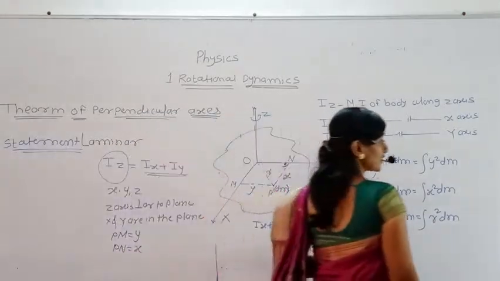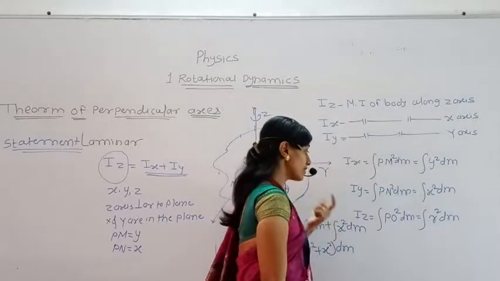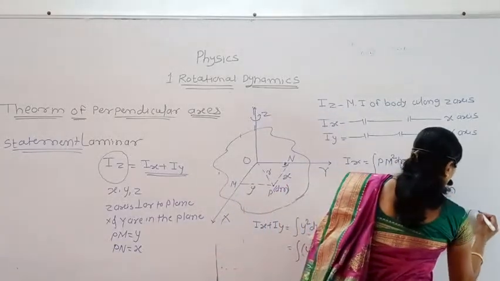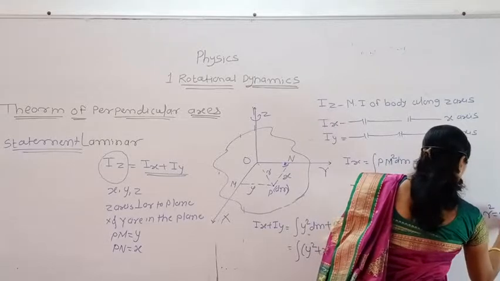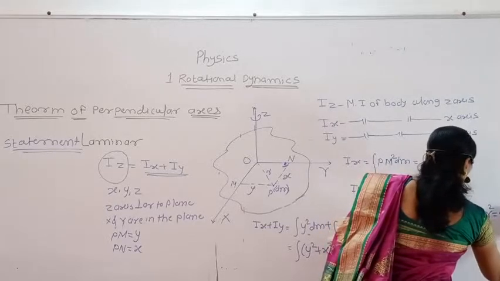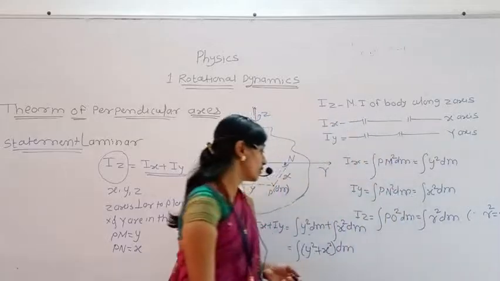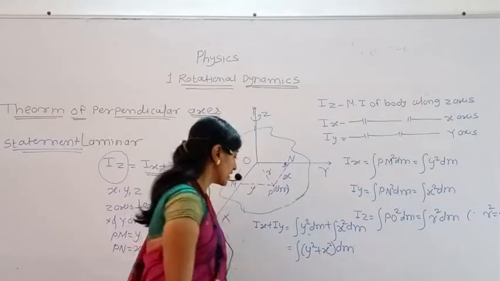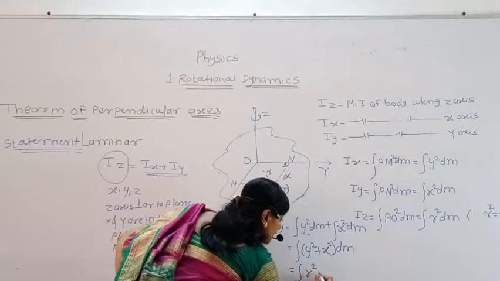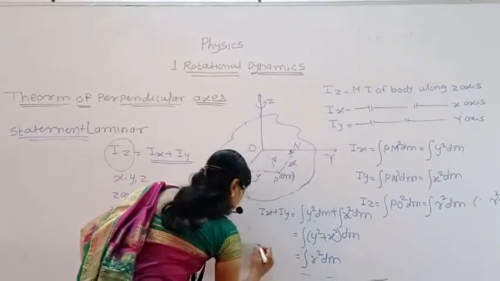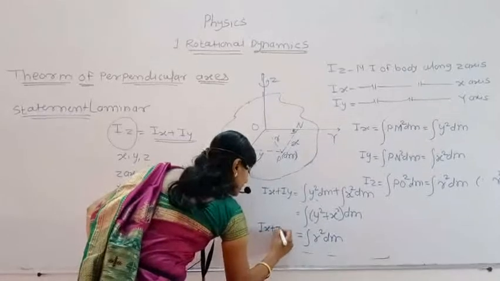So here we get a right angle triangle, and using the Pythagoras theorem we get r square is equal to x square plus y square. So it is nothing but integration of r square into dm. This is the value of Ix plus Iy.